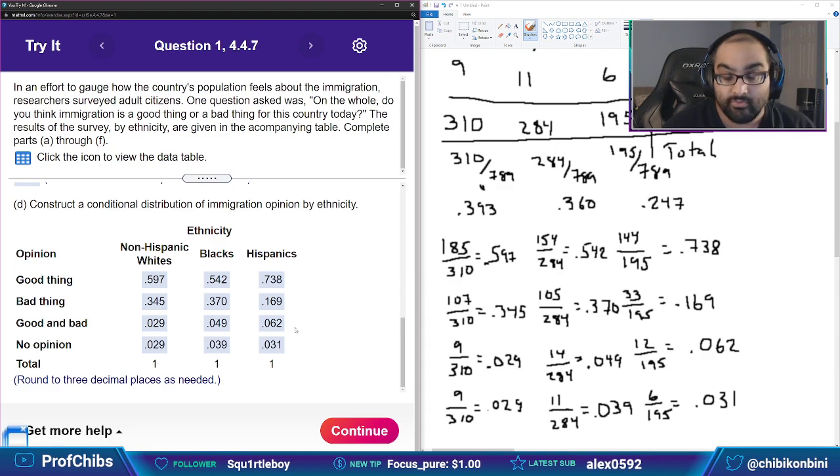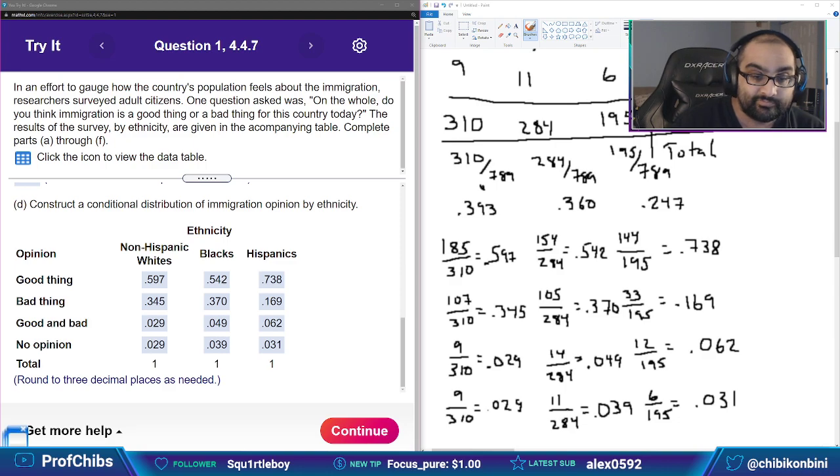Alright, before we move forward, any questions about the conditional distribution and how we can construct that using our table? I know there's a lot of busy work. Admittedly, guys, there's a lot of busy work. It just takes time to put it together. So a lot of my explanation is just going through the numbers.